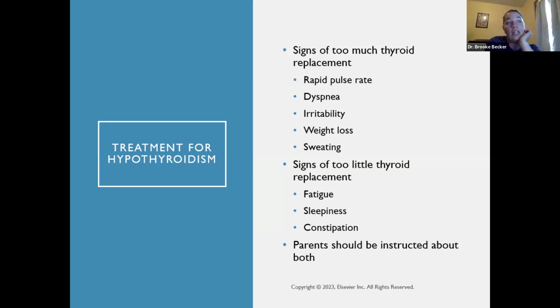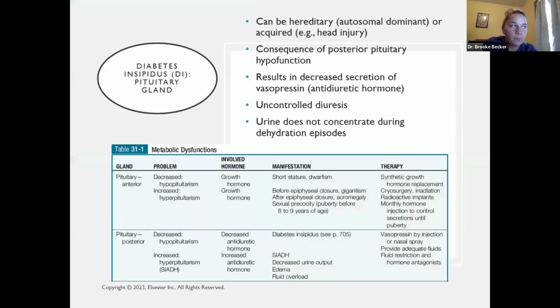And if they're getting too little, then they're going to have fatigue, sleepiness, constipation, weight gain, all of that sort of thing. So you can educate parents on keeping an eye on those things, and that can help indicate if they're still too low and needing more, or if they're getting too high on their thyroid replacement.